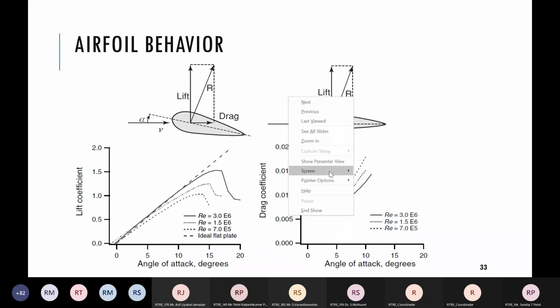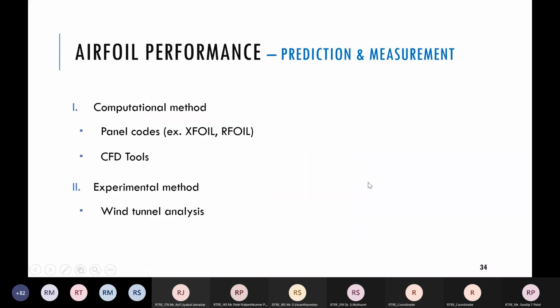Now, this airfoil performance we can measure or predict. Fine. So there are two methods, as in all design methodology: either a computational method or an experimental method. Computational methods include analytical methods which use panel codes.